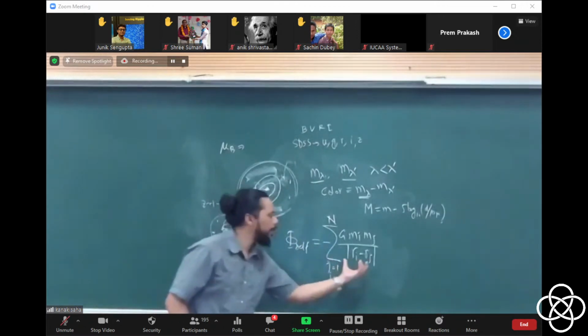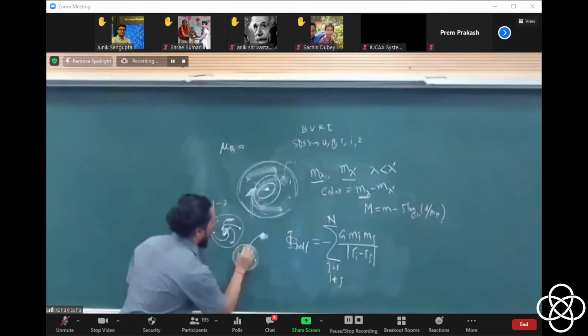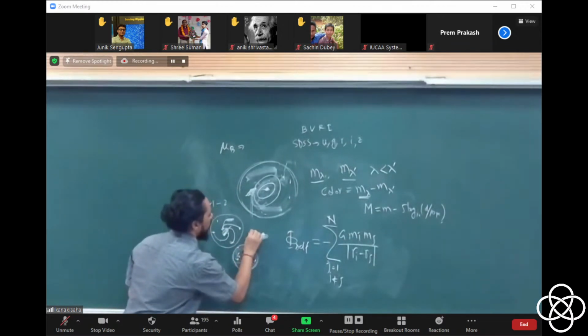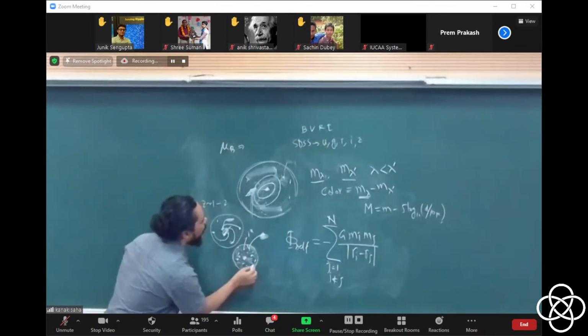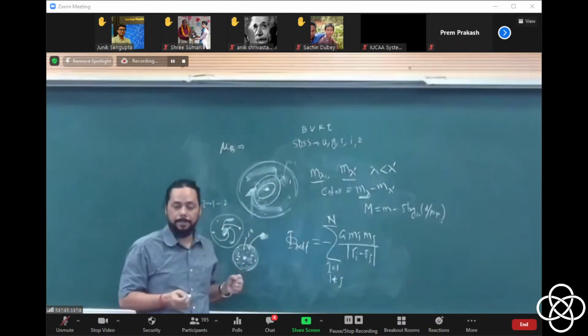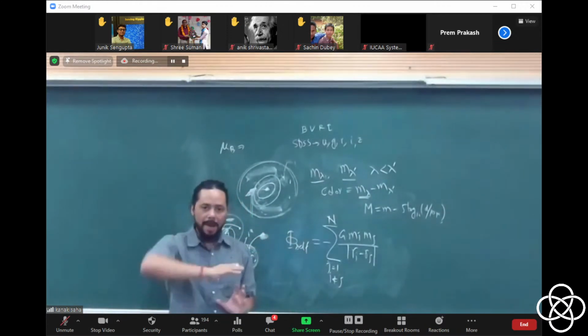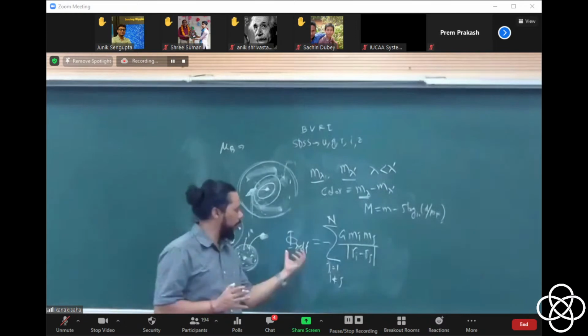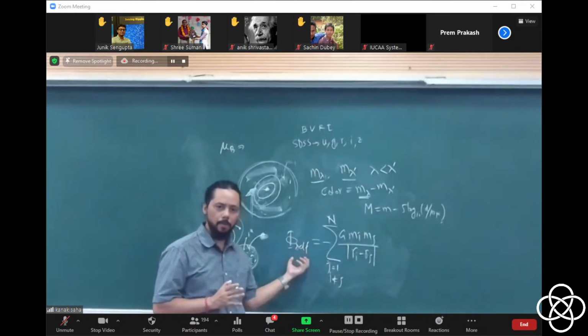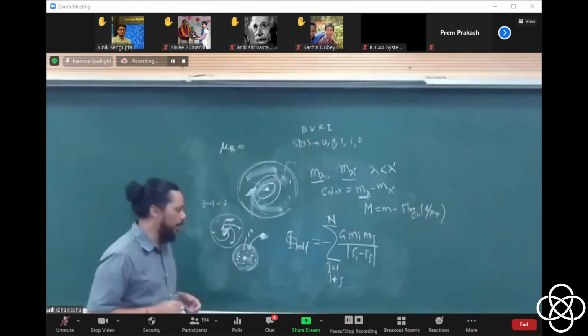So this is the potential. So if you imagine one star here is the ith star, it will feel force from the rest of the stars in the galaxy. Okay, and this will try to bind them. So this is called the self-gravitational force, which binds them.